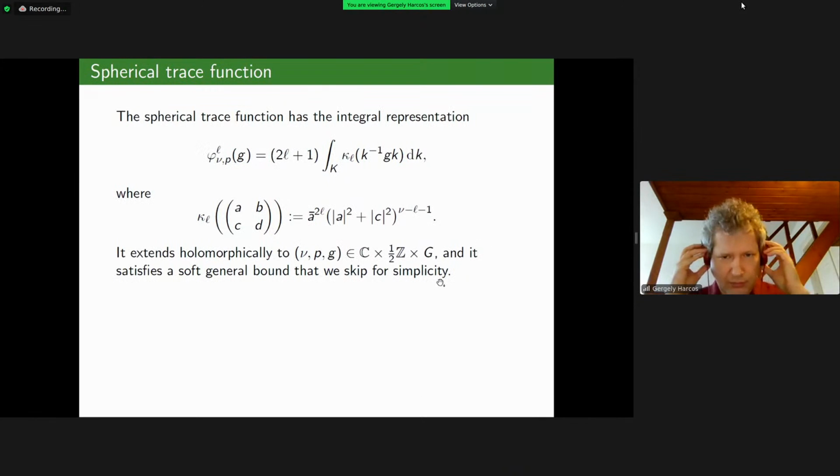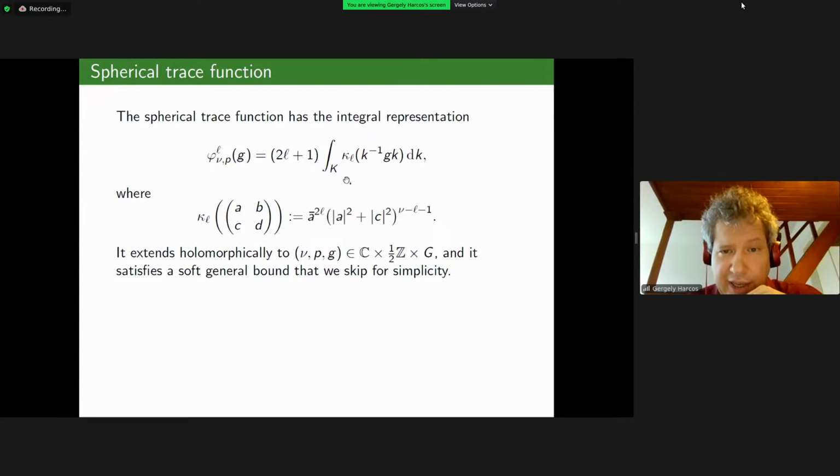Now, the spherical trace function was defined in the abstract, but it has a very concrete integral representation. At g, you have to integrate over K, kappa_l(k^{-1}gk), where kappa_l is given by this very simple-minded function of the matrix entries of the matrix.